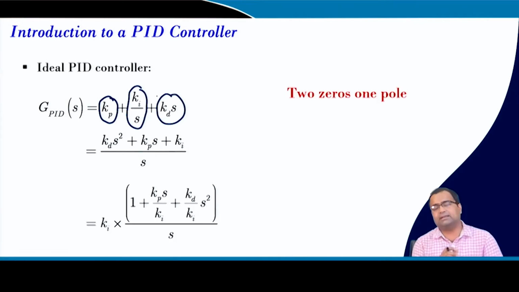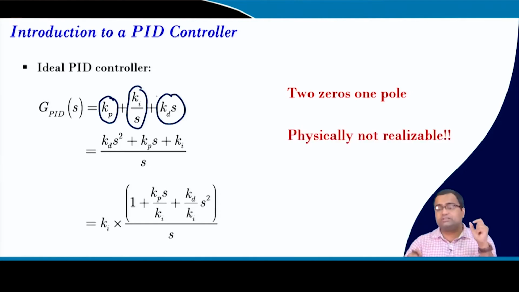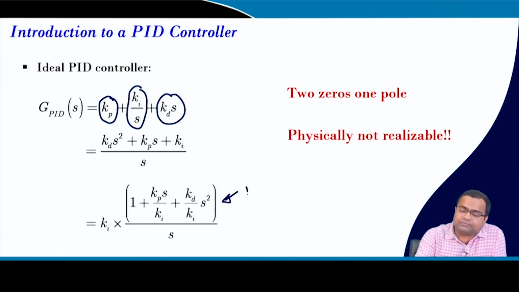But the problem is that an ideal PID controller has 2 zeros and 1 pole, which is physically not realizable because this is an improper transfer function.